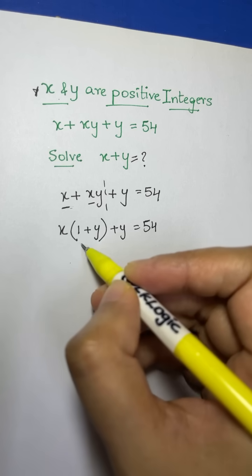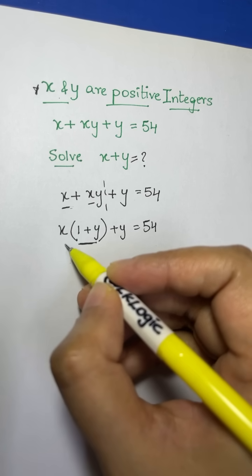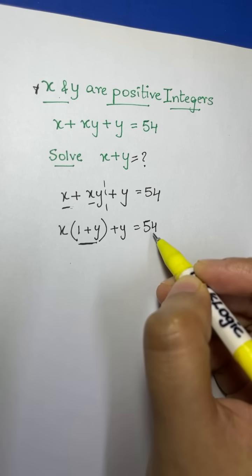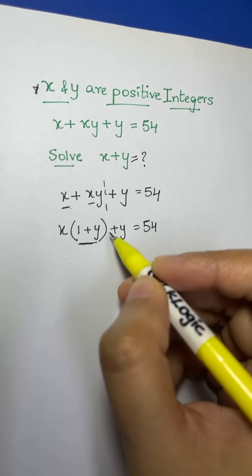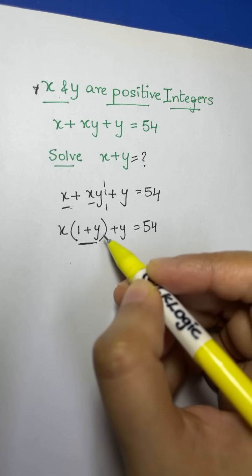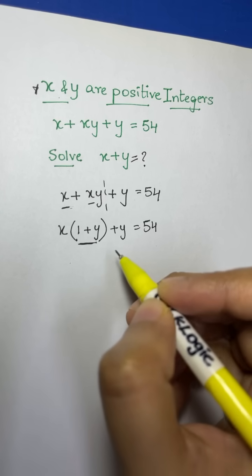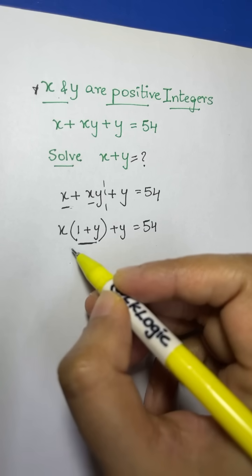All right, now we got this factor, x times 1 plus y. But what about this plus y and this 54? It doesn't seem to be looking good. So let's factor the left hand side.